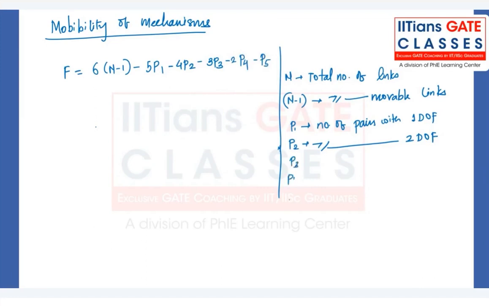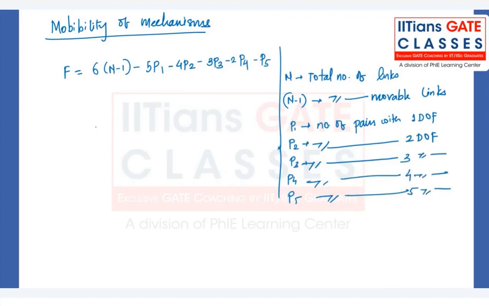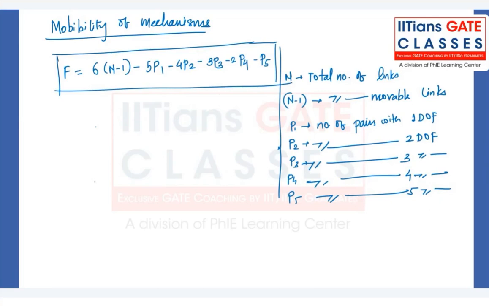So P3, P4, and P5 are the same, with 3 degrees of freedom, 4 degrees of freedom, and 5 degrees of freedom. This is how we will calculate the total degrees of freedom of a mechanism, right?